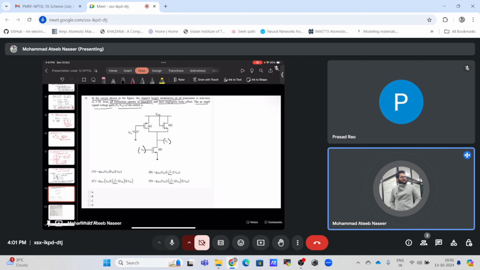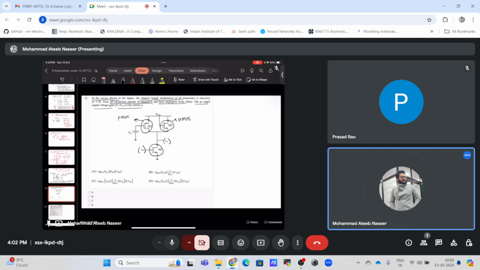Okay, so let's draw the small signal equivalents of these. Basically this is a PMOS, this is an NMOS, and this is also an NMOS. This is how we represent the PMOS.